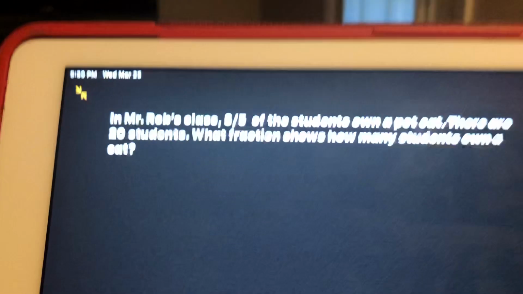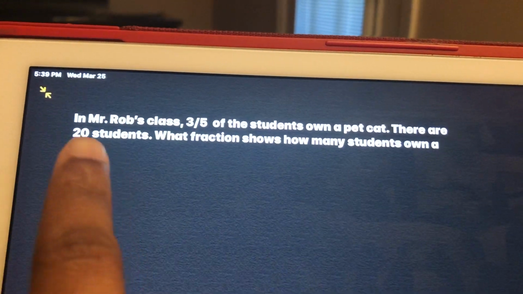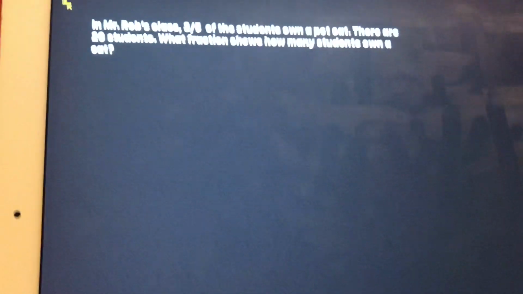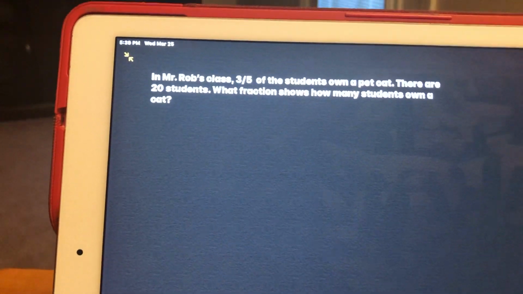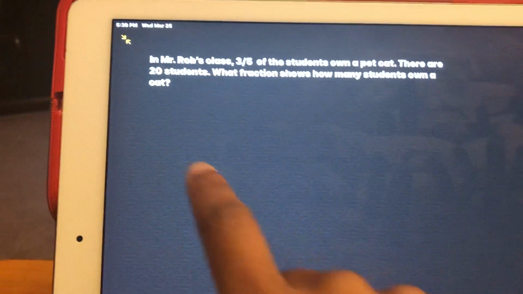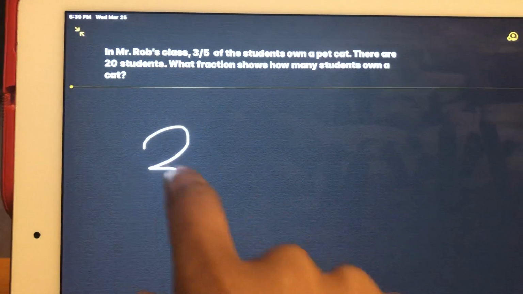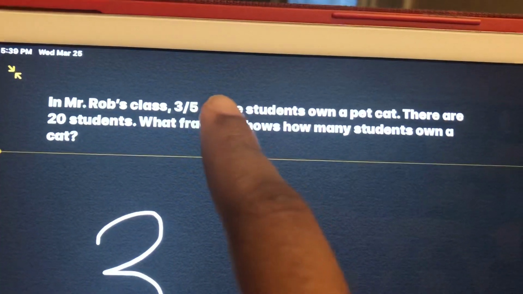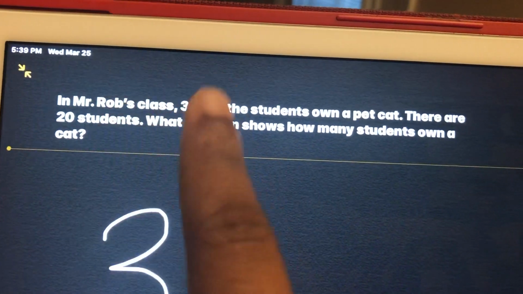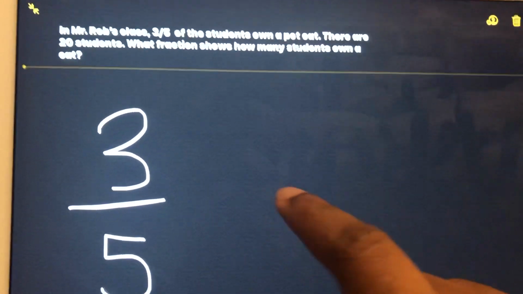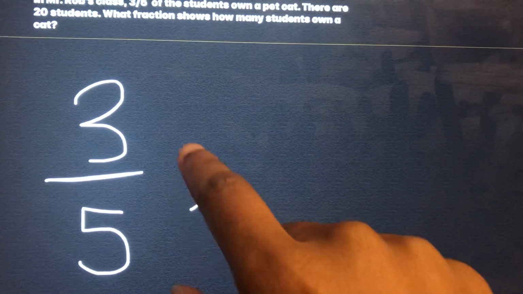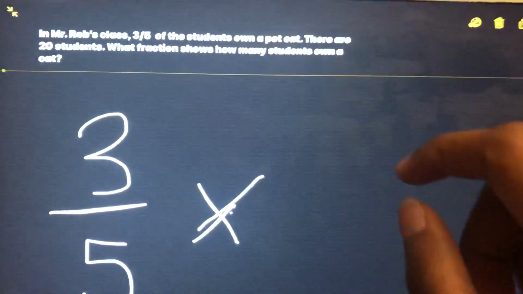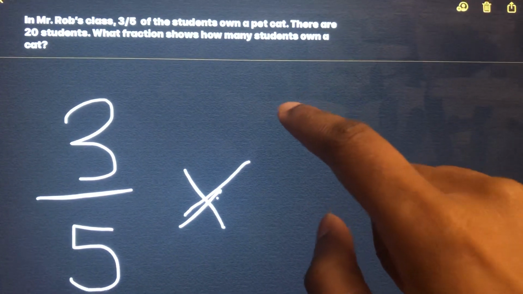But we do have a fraction here and a number here. I'm going to go ahead and write the first fraction. Okay, so we got 3 over 5. And we know we have to multiply because we have what here? Of. 3/5 of. All right, so we're going to write times. All right, and we have 20.